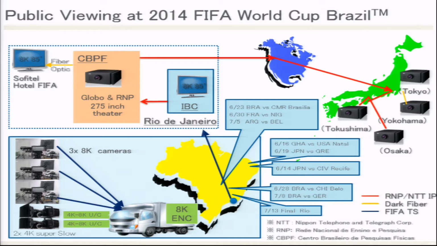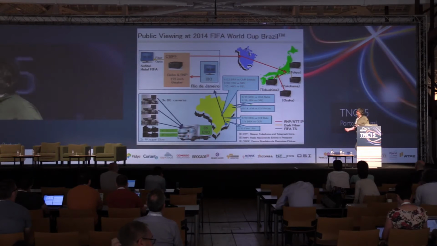And this is a summary of what happened in Brazil last year. The bottom left shows the generation of the images at different points in Brazil where they were playing football. I don't know if I have a pointer. I can't see the point, unfortunately.